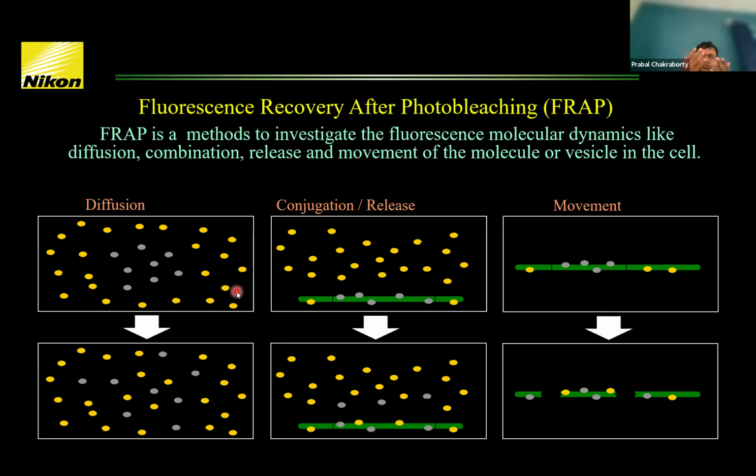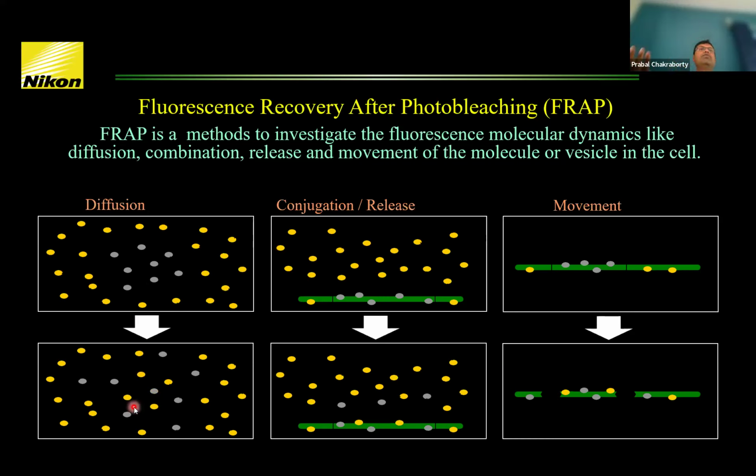Now, if I have a live cell, what will happen inside it? The protein generally diffuses, or there is some guided transport also, that I'm not going into details of now. If the molecules move and we continue the imaging with time, we can see that the outside fluorophore molecules, which have fluorescence property, will gradually diffuse into this ROI, which was totally dark.